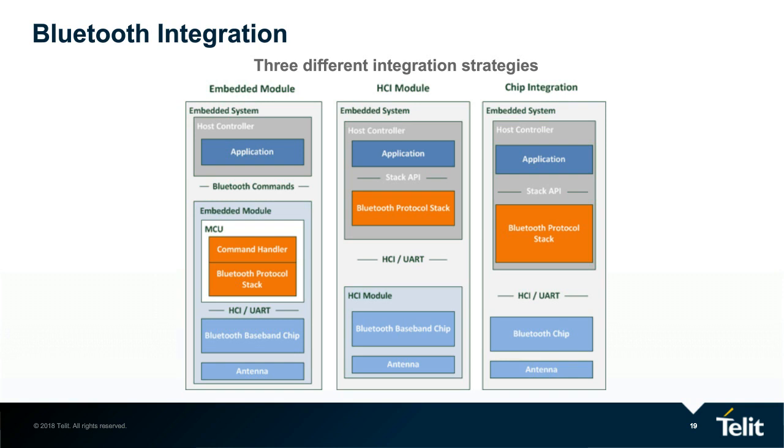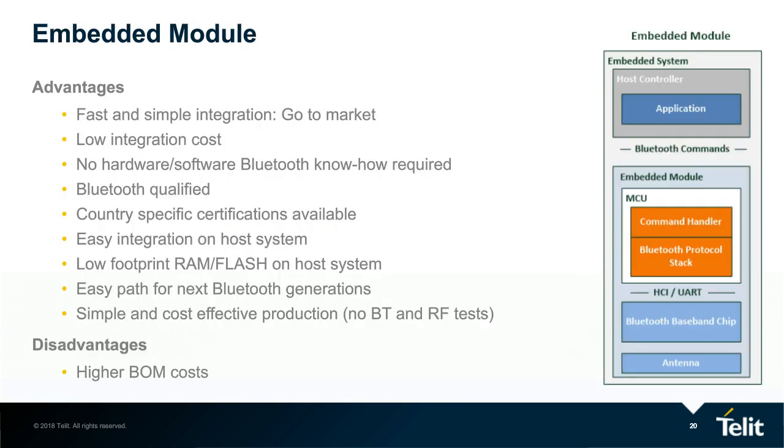Then you have the option to take an HCI module, which is only the RF part of a Bluetooth design, and everything else is on the host system. Or you could go for a chip integration, which means that you take every part and put it on your own board yourself.